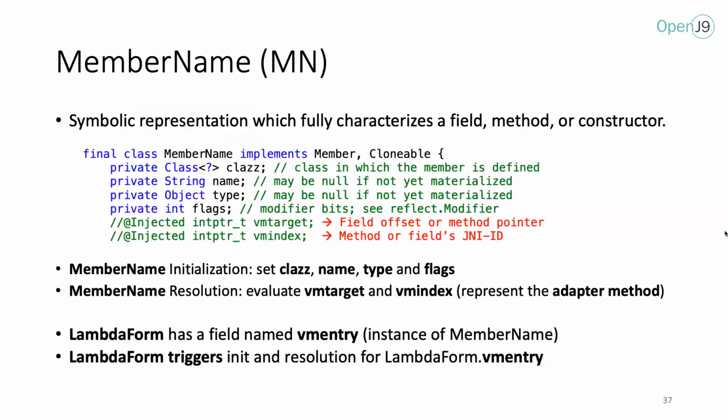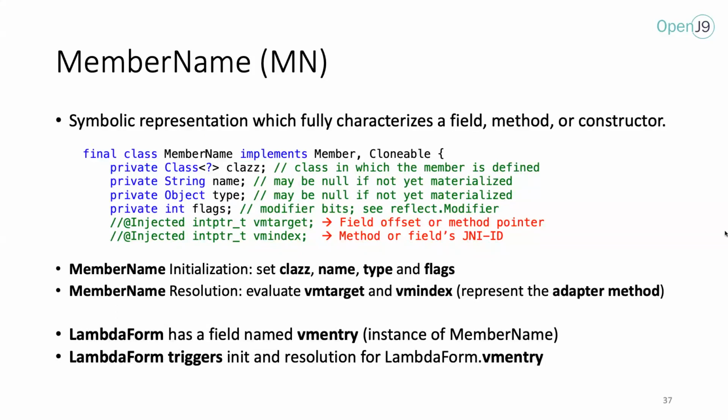A MemberName is a symbolic representation which fully characterizes a field, method, or constructor. In the context of a LambdaForm, it will store a pointer to the method, which will enclose the bytecodes that the LambdaForm generates.